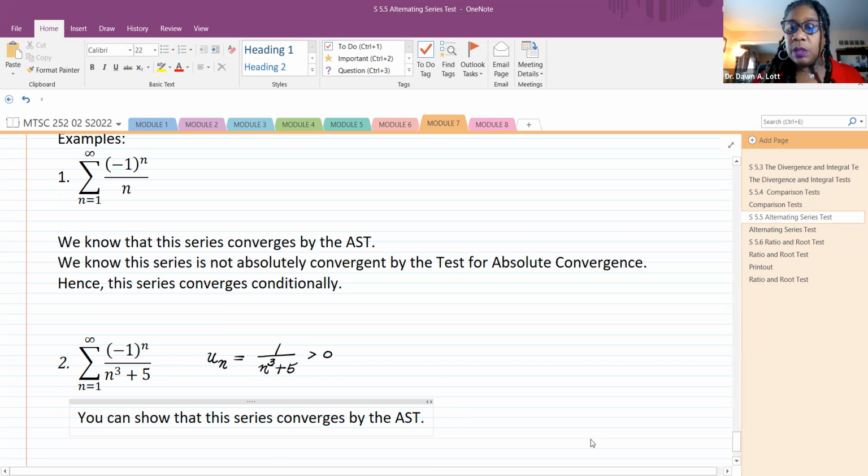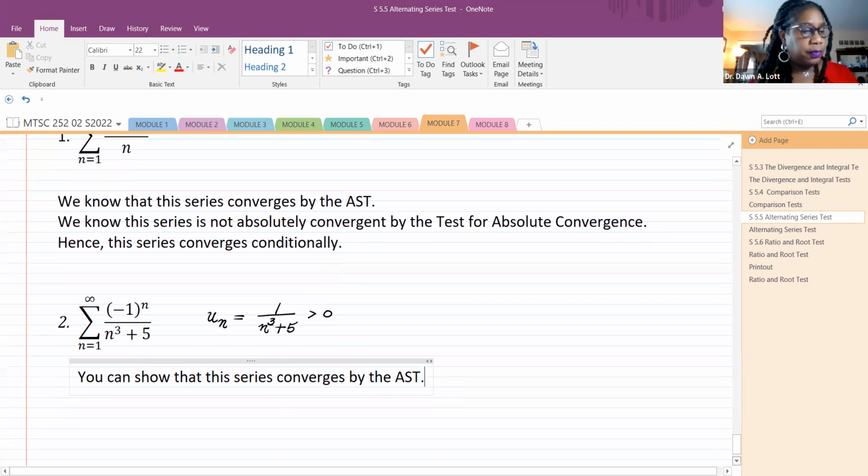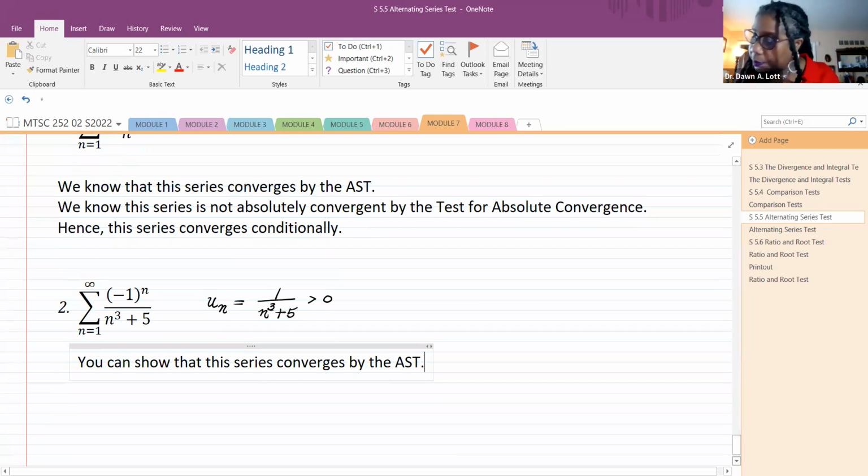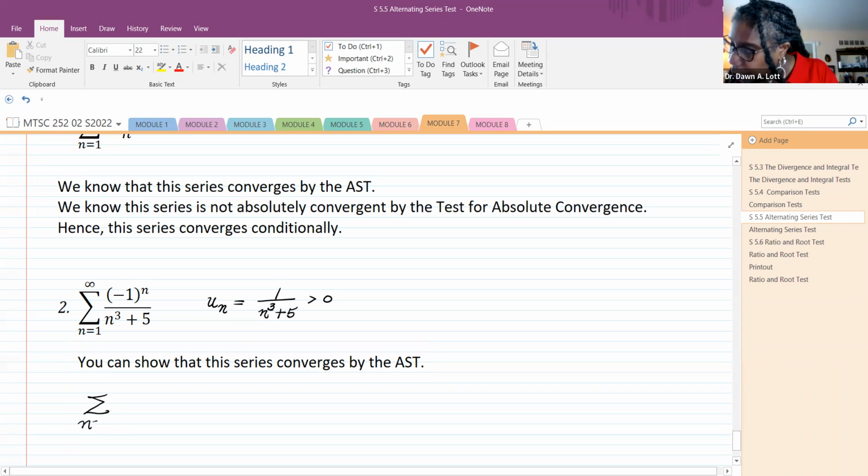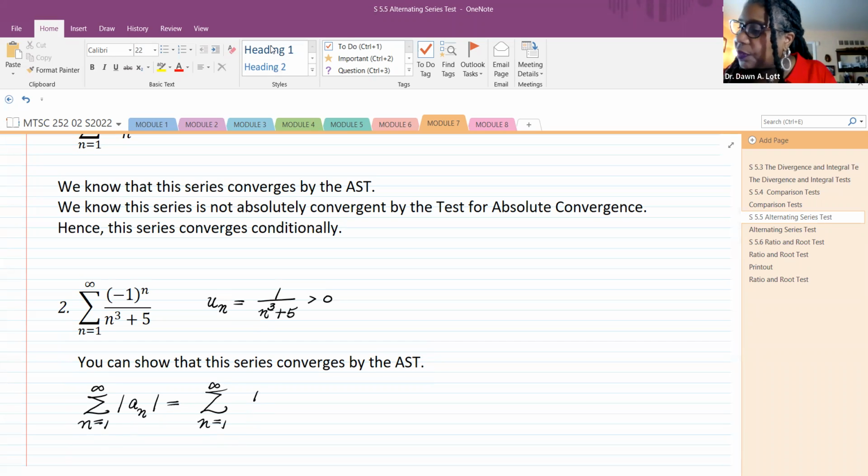And so if we look at the absolute value of this series, we get the sum from n equals 1 to infinity of the absolute value of a_n, which gives you the sum from n equals 1 to infinity of 1 over n cubed plus 5.